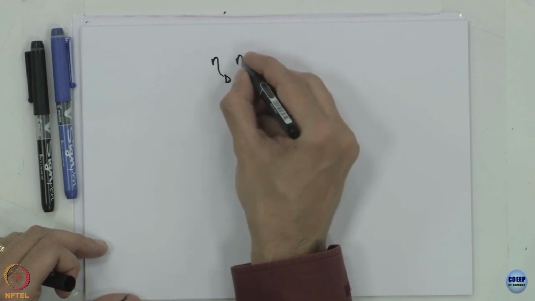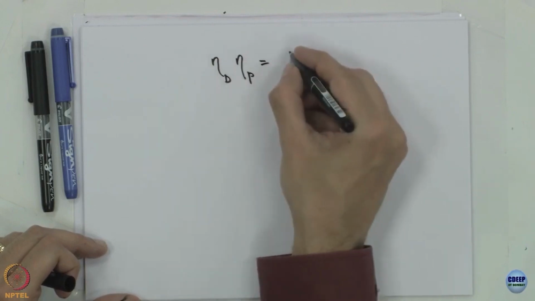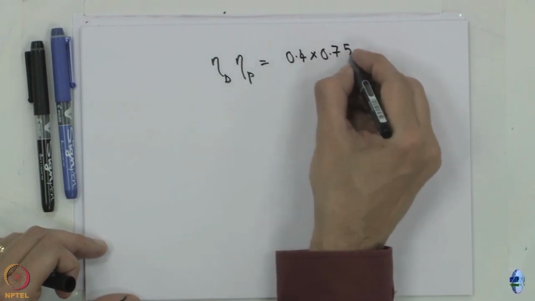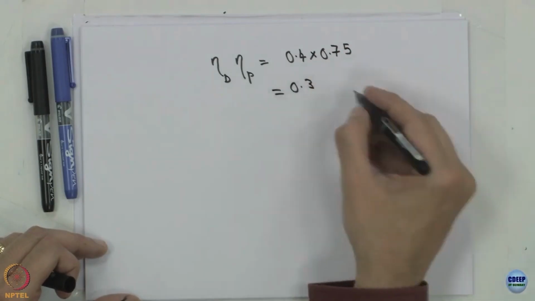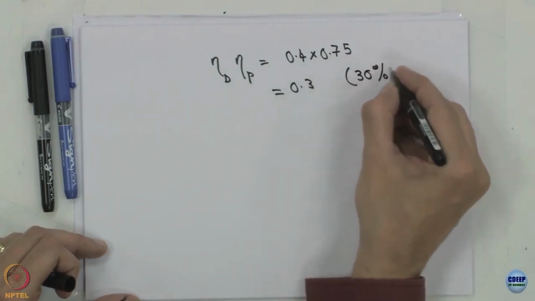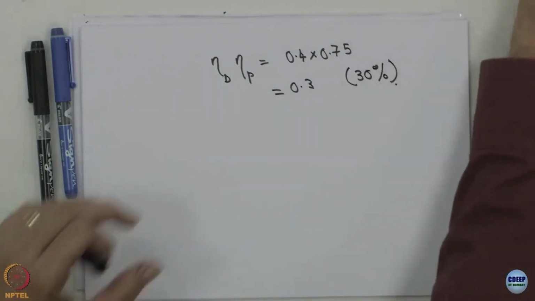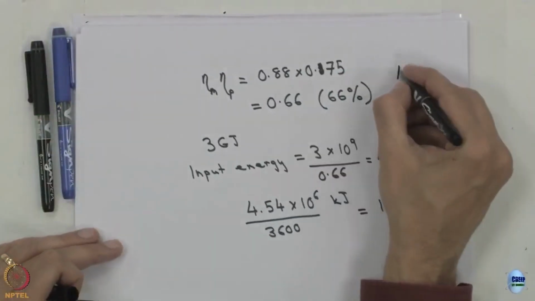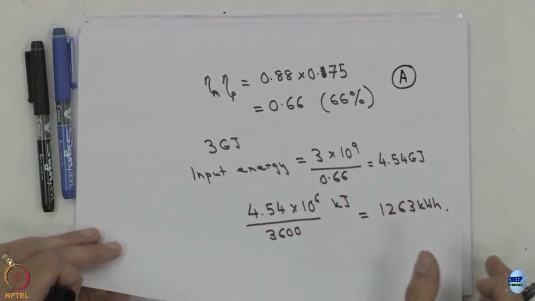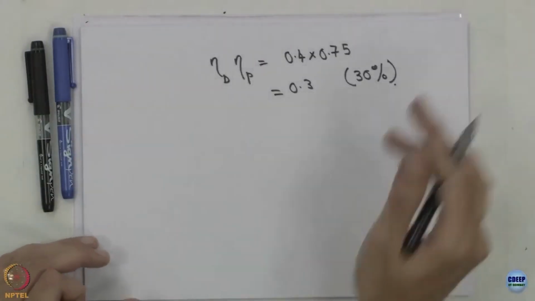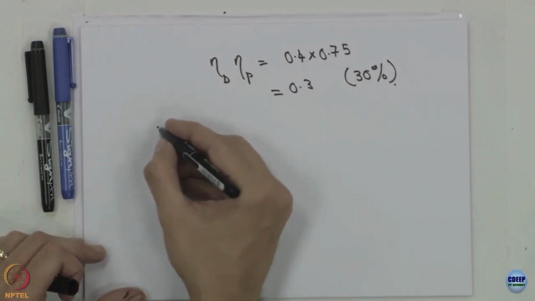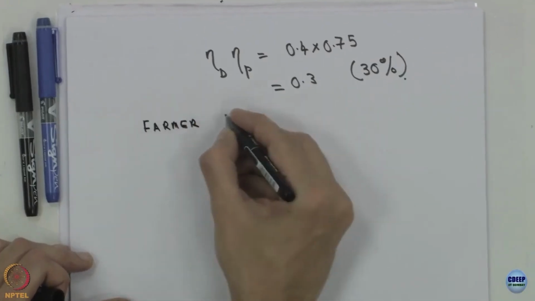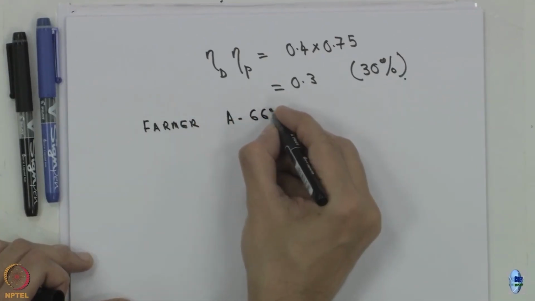Now let us calculate for the farmer's side the efficiency that the farmer sees: eta d into eta p, which is 0.4, 40%, into 0.75. So at the farmer side, the efficiency is 30%. And if you look back at what we calculated earlier for the farmer in case A, the farmer's efficiency was 66%. So in case A, efficiency is 66%.